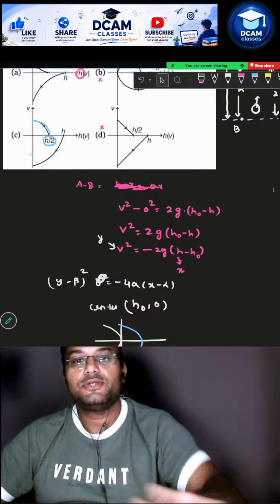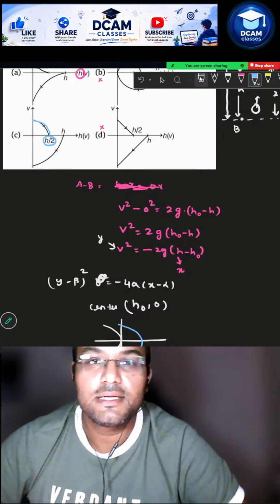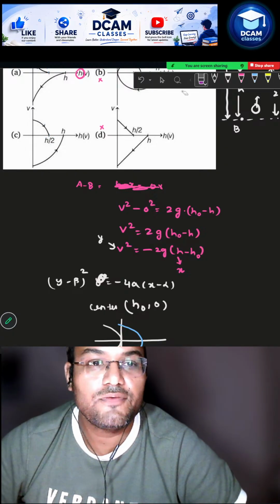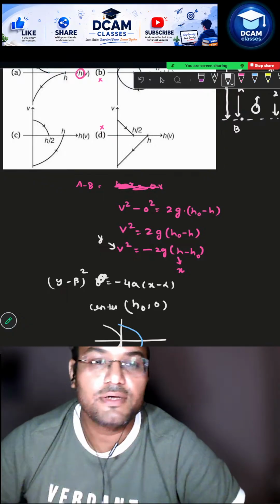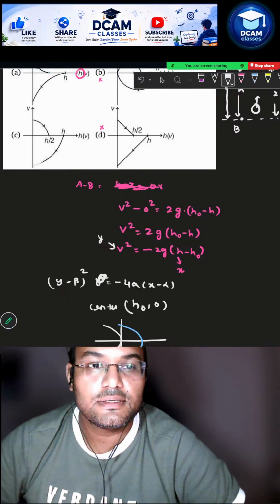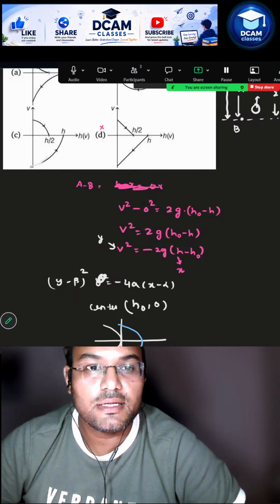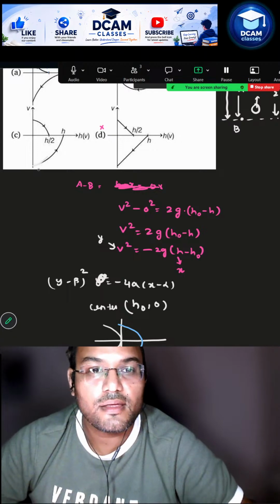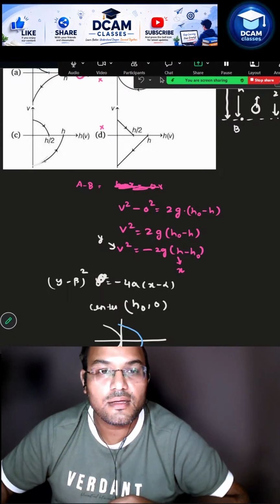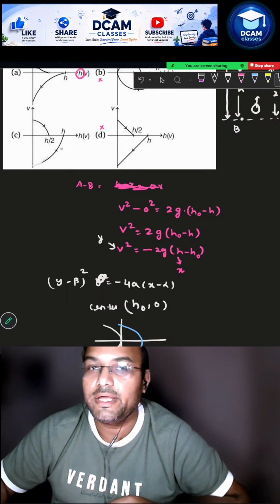Acha. Oh, sorry. It's the reverse path. This is the graph of the reverse path. The first graph is this one. Able to see this one? It's the going graph.